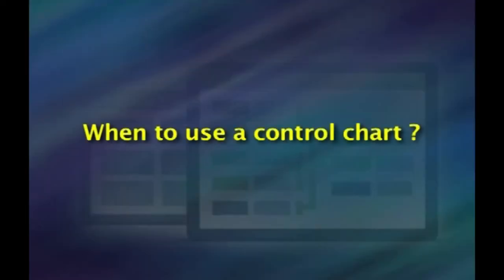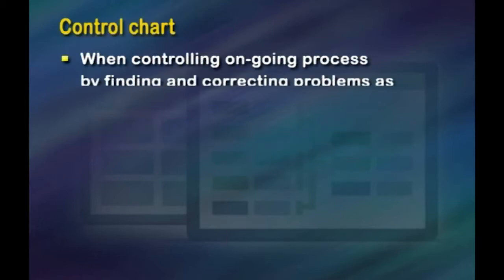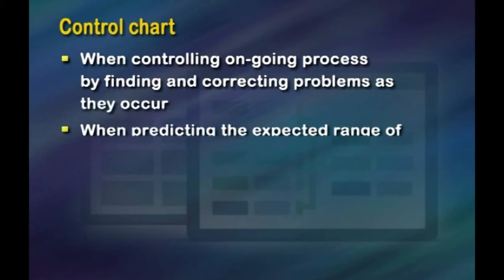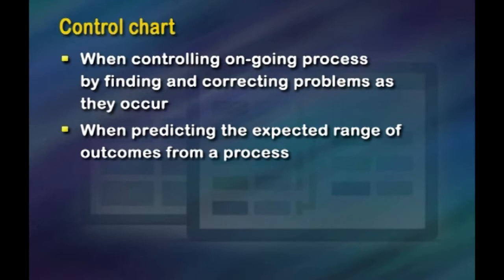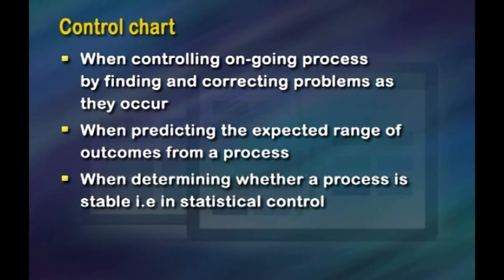When to use a control chart? When controlling an ongoing process by finding and correcting problems as they occur. When predicting the expected range of outcomes from a process. When determining whether a process is stable, that is in statistical control.